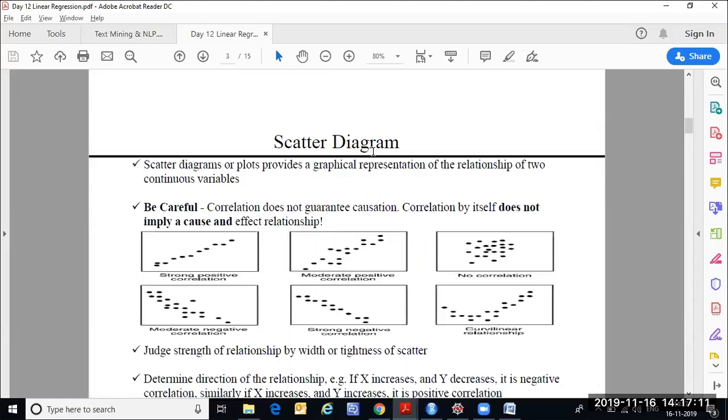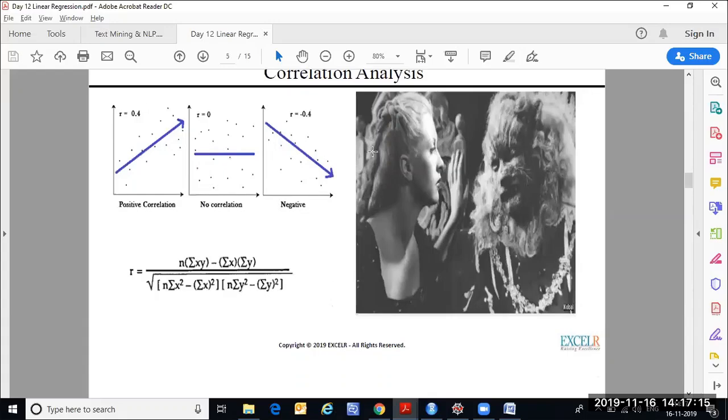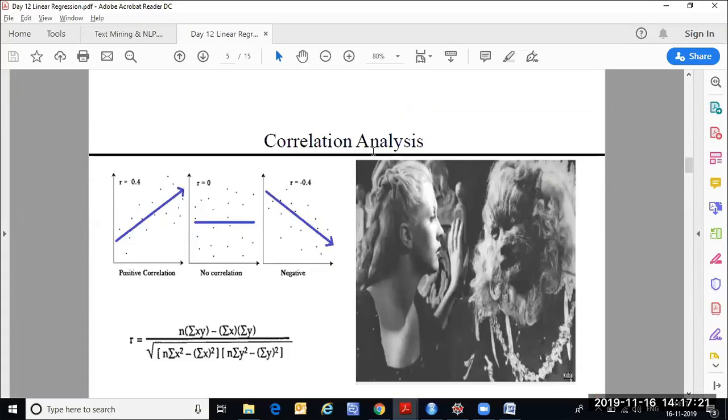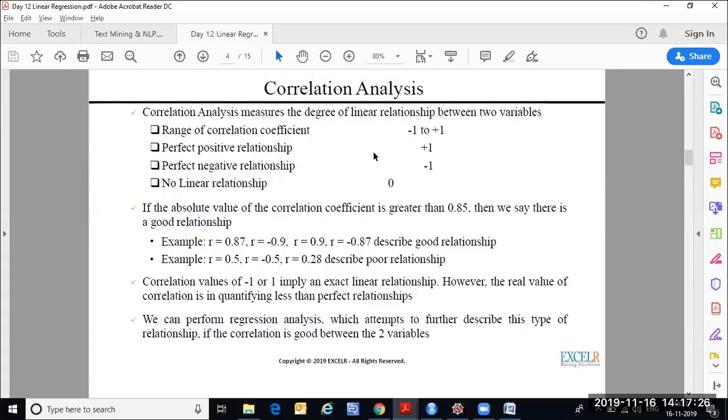We have already discussed the scatter plot in the last session. Am I right, friends? Did we discuss the scatter plot? The correlation. Guys, please, can you confirm? Did we discuss or no?